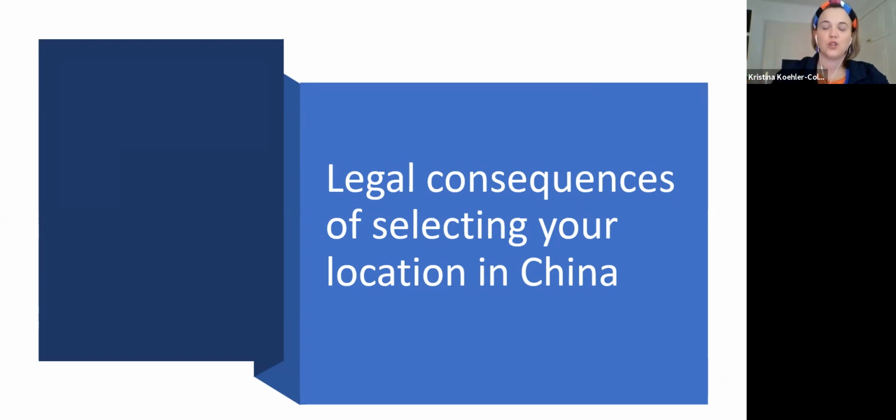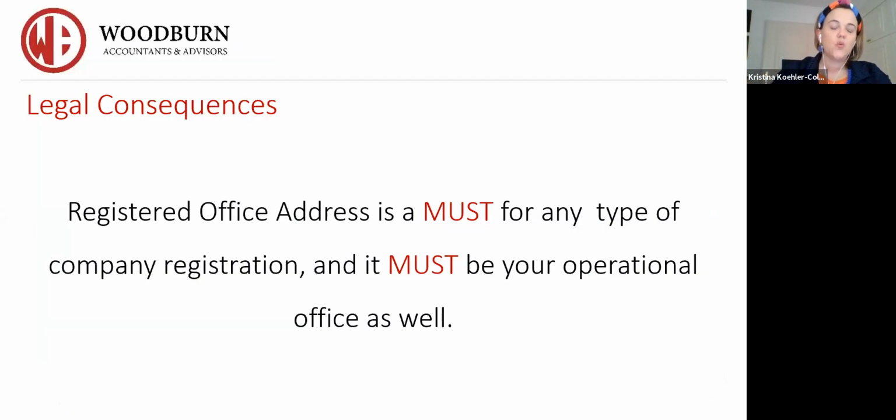The next step is I will look at the tax consequences of selecting your location in China. When you are registering your company in China, a registered office address is a must for any type of company registration, whether you're setting up a factory, warehouse, trading company, service company, representative office, joint venture, whatever it might be. You need to have a registered office address.